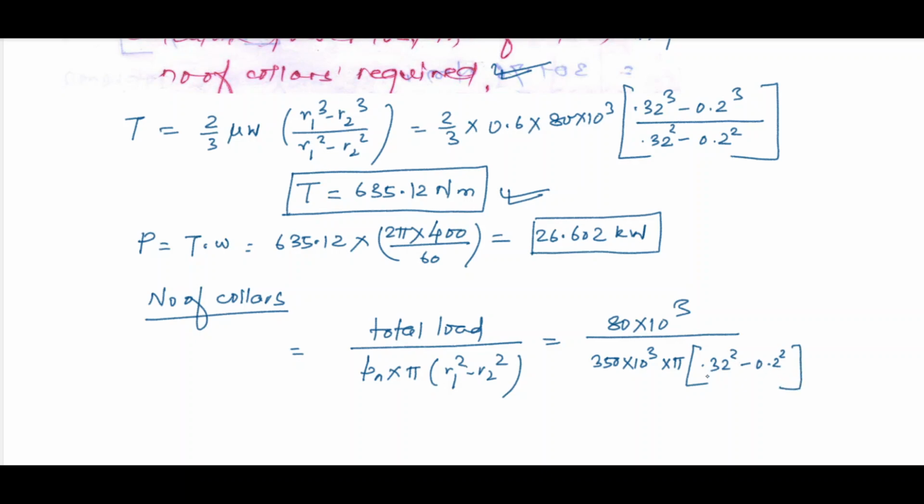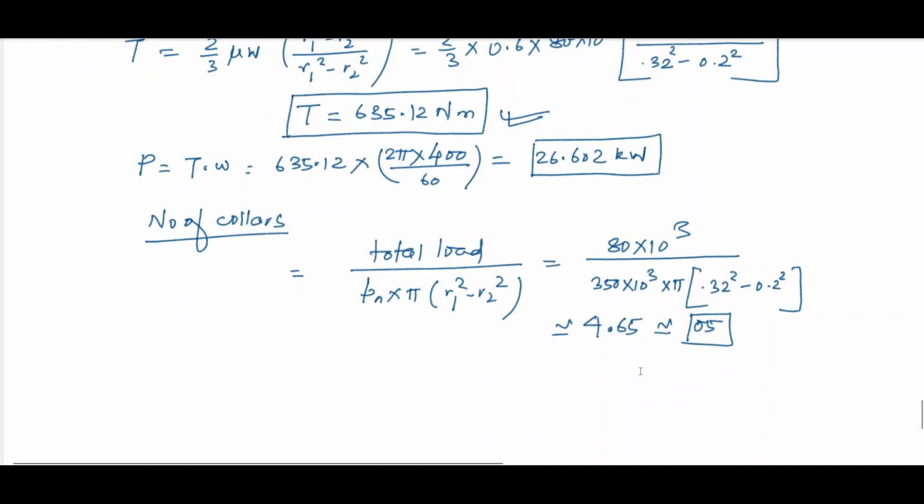If we calculate this, it is coming approximately 4.65 or 4.66, so roughly 5. So in total, you can take 5 collars so that we can withstand this much total load.